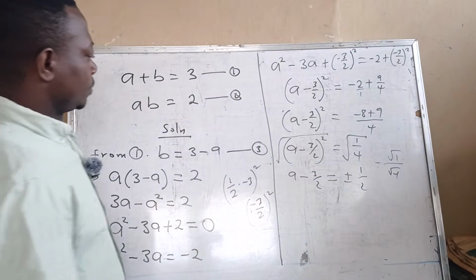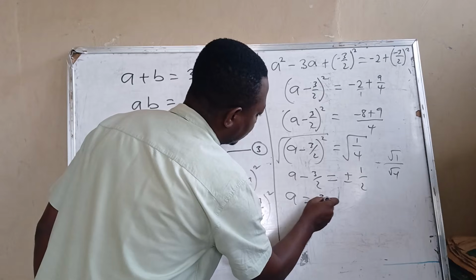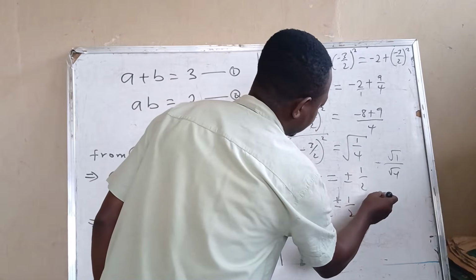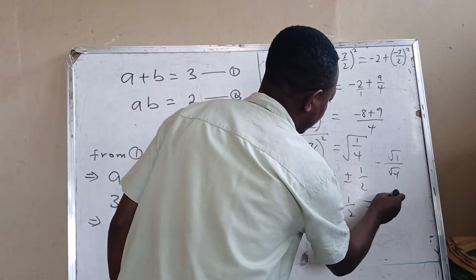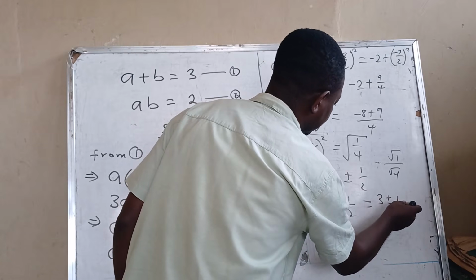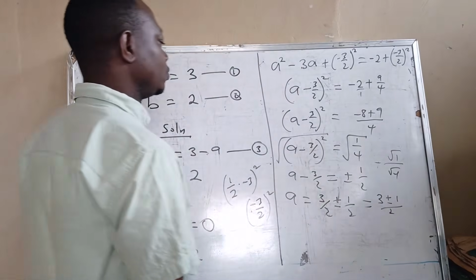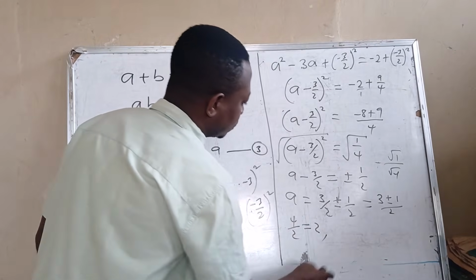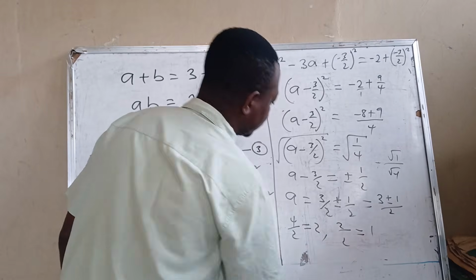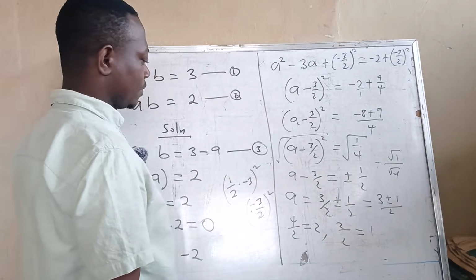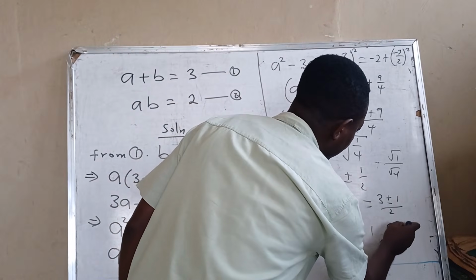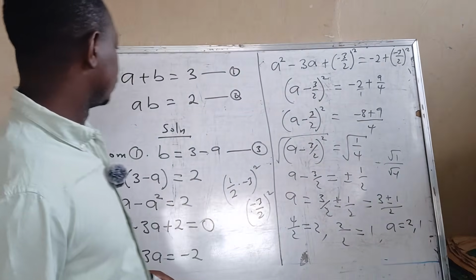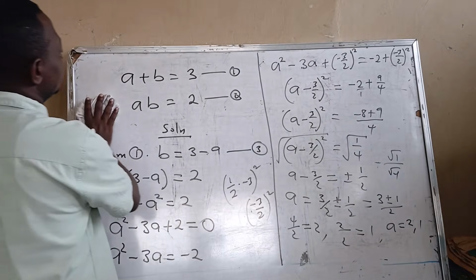So my a will be 3 on 2 plus or minus 1 on 2. That will be 3 plus 1, 4 on 2, which is 2, or 3 minus 1, 2 over 2, which is 1. It means we have two answers for a: a equals 2 or 1.